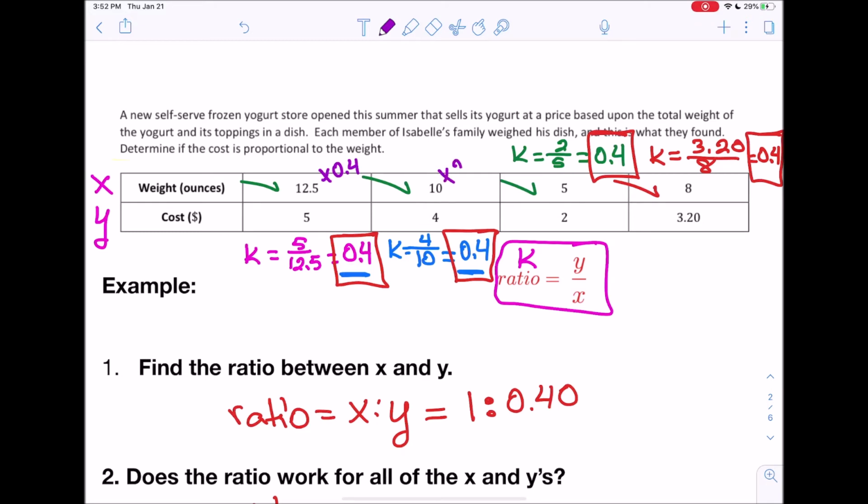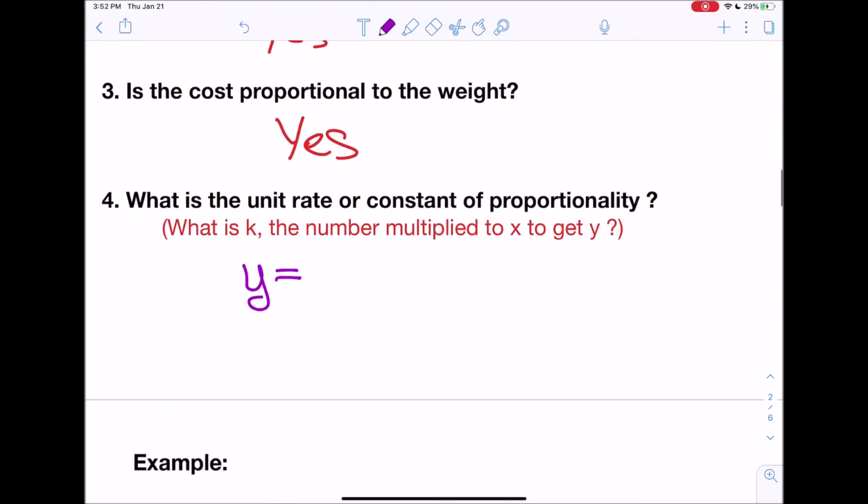10 times 0.4 equals 4. 5 times 0.4 equals 2. 8 times 0.4 gives you 3.2. So that constant number, our unit rate, equals 0.4. Okay? Our unit rate equals 0.4.